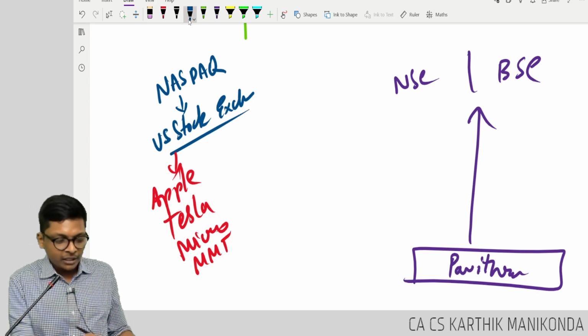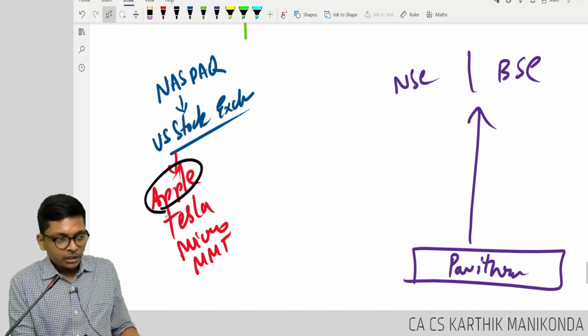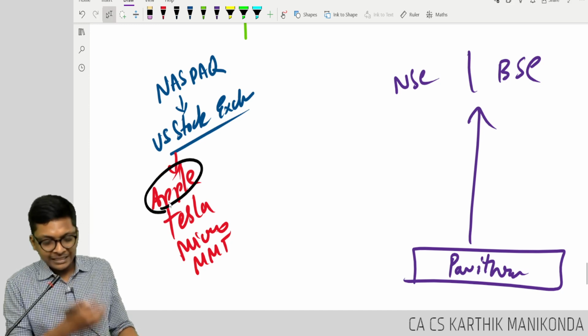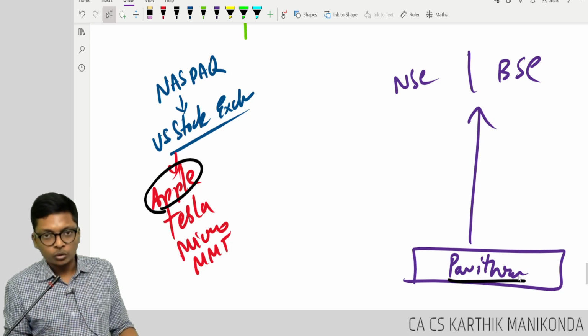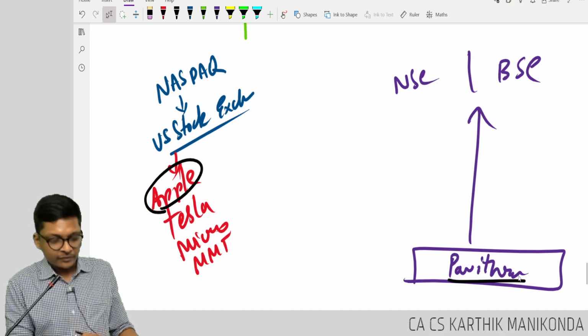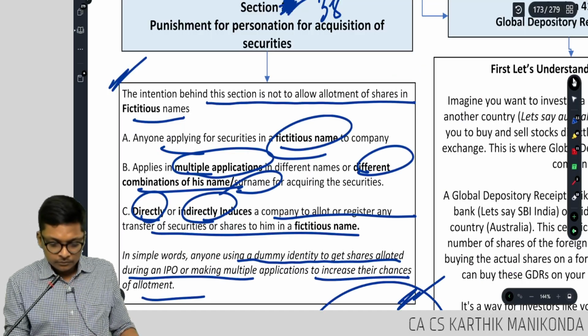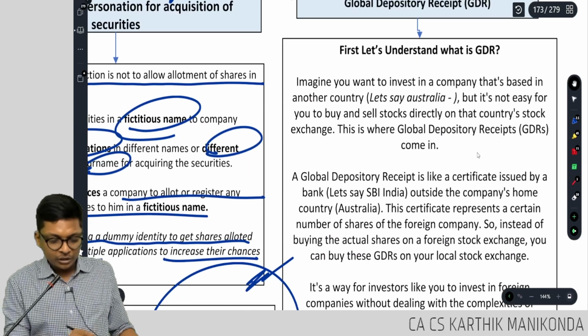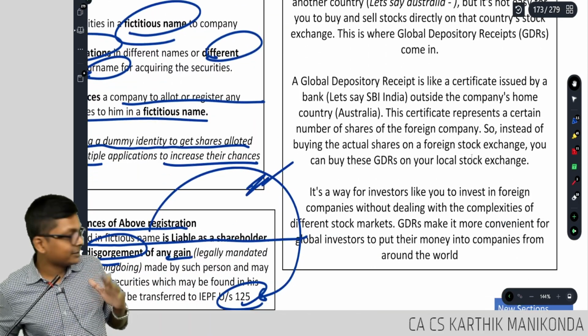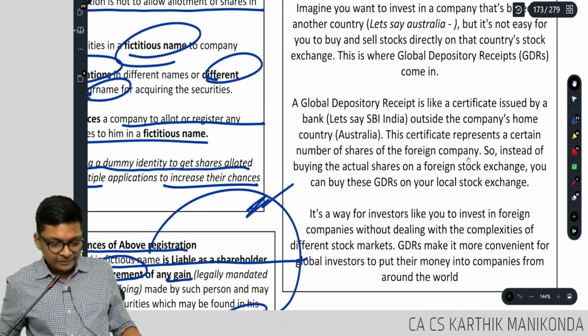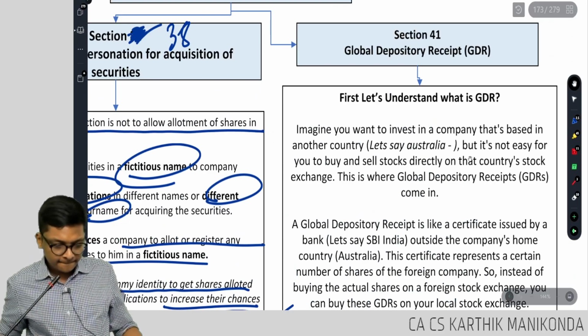So what happened if Pavitra wants to buy shares of Apple? Look at this. I've explained the whole thing over here in very simple terms. If you read this, you will understand, but I will explain it from my side.